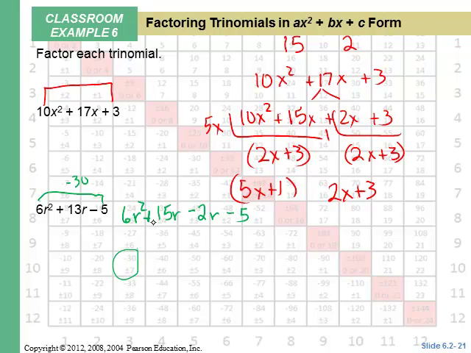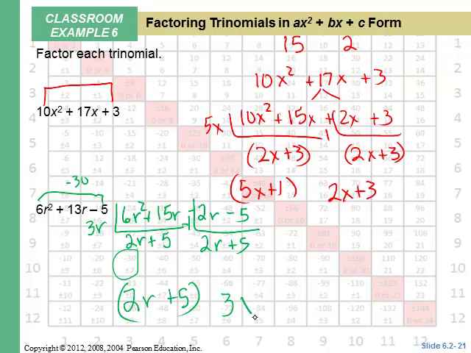So we're going to factor that, and we can take a 3r out of the first one, so we're left with 2r plus 5. Factor a negative 1 out of the second one, so we're left with 2r plus 5. Our factored form is 2r plus 5, 3r minus 1.